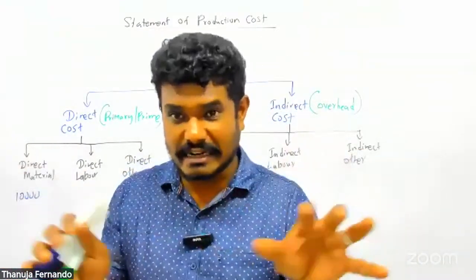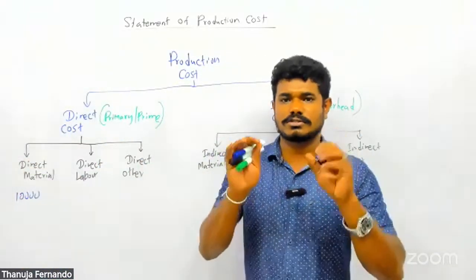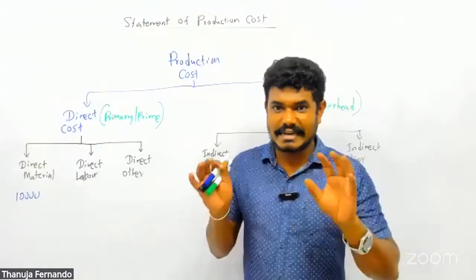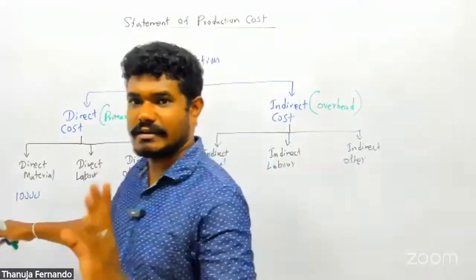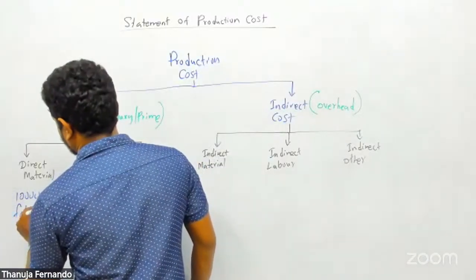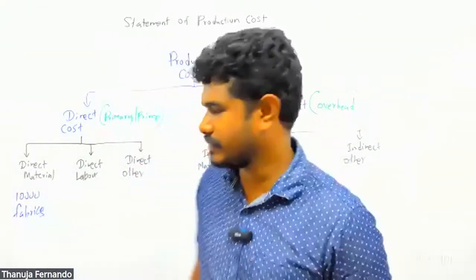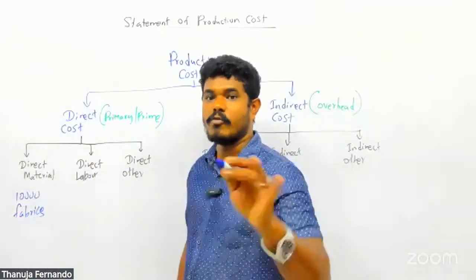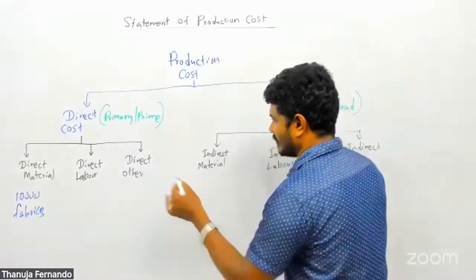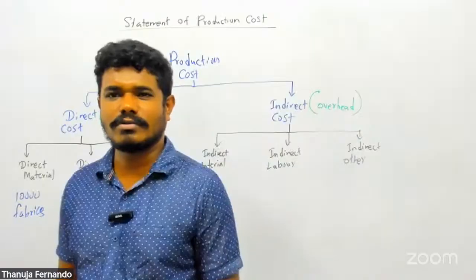If we can clearly say the cost of some material in a good, then it is a direct cost. So fabrics are direct: 10,000 for 100 shirts, direct cost. But for wool, let's say we roughly estimate 10 wool cones are enough.